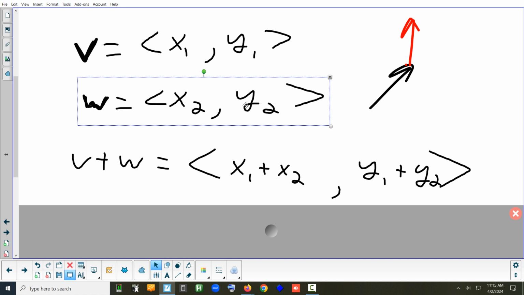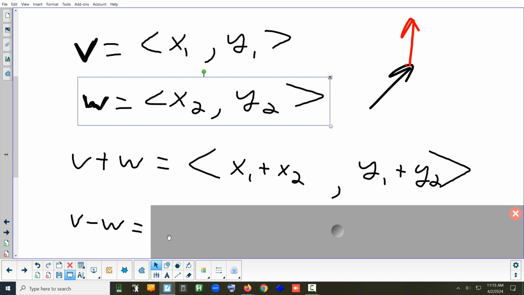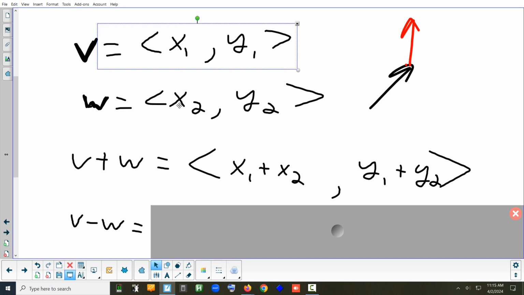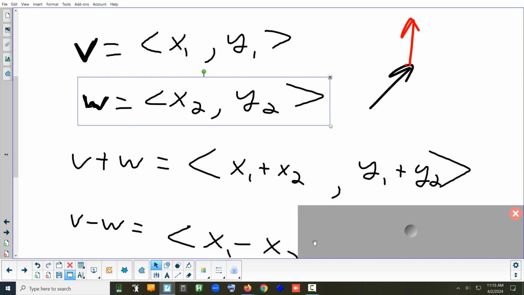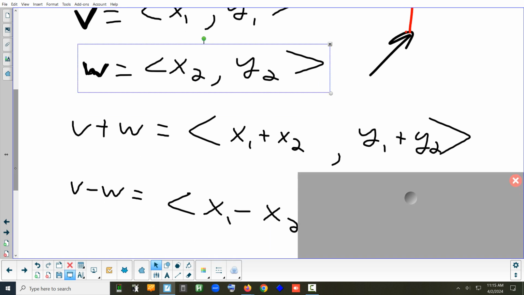It's not a picture, but it's still the answer that would represent the picture we did yesterday. Okay, what do you think the difference would be with V minus W? Yeah, if it's V minus W, you're going to take the x component of V minus the x component of W, and then do the same thing for the y's.